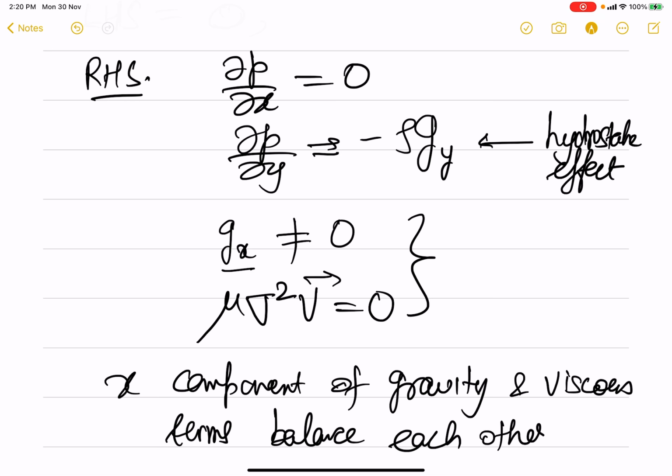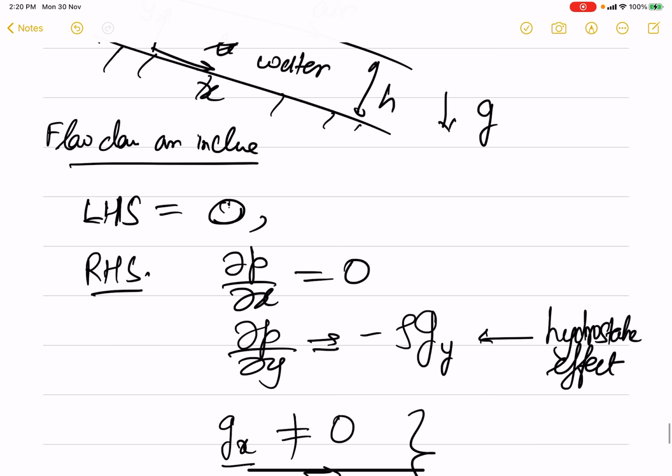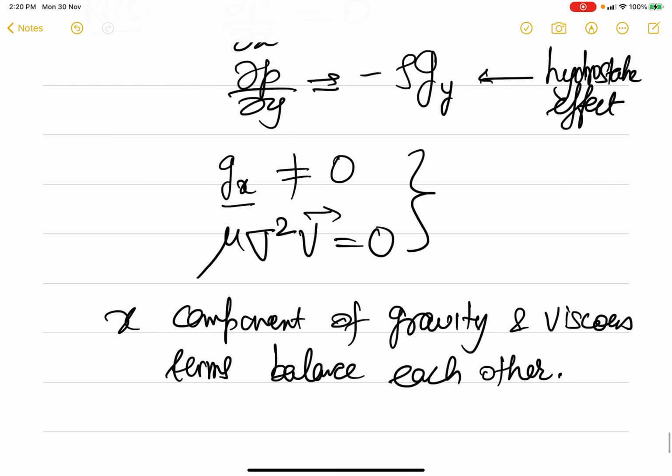So from a physics viewpoint, that is what is happening in this problem. And if you recall, this X was like this, Y was like this. So gravity had both X and Y components. But once again, we notice here, even though the flow is down the incline, fluid particles are not accelerating.